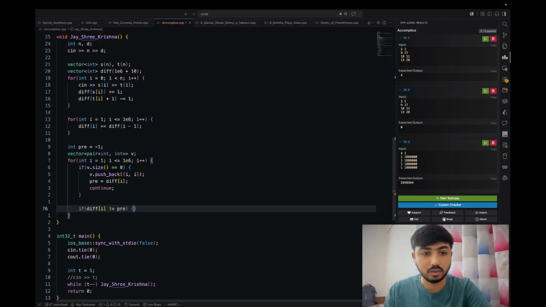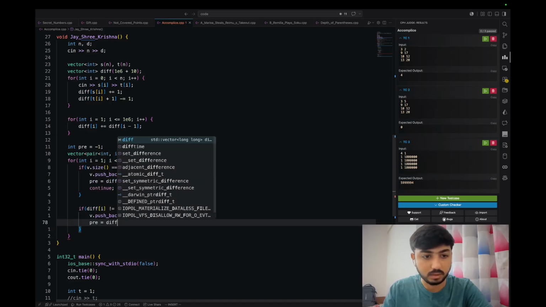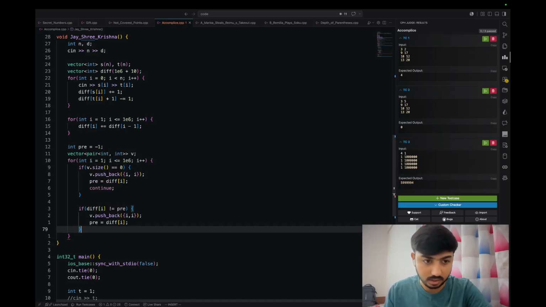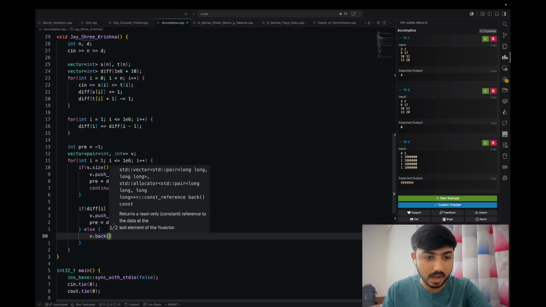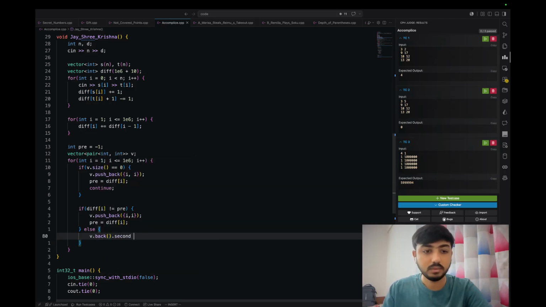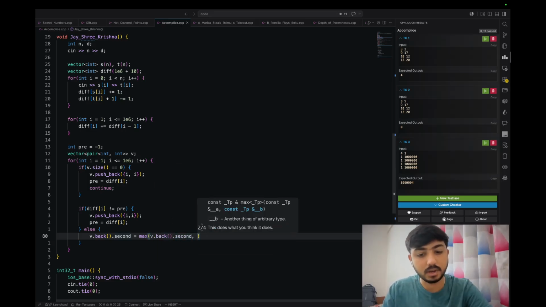Then also we have to do push_back I comma I and previous is equal to difference of I. Otherwise we just need to extend our v dot back equal to max of v dot back dot second comma I.